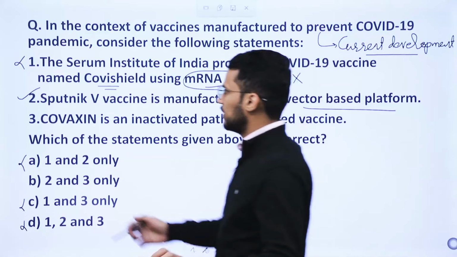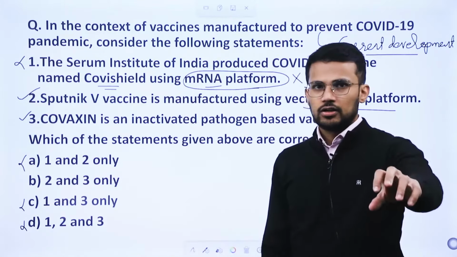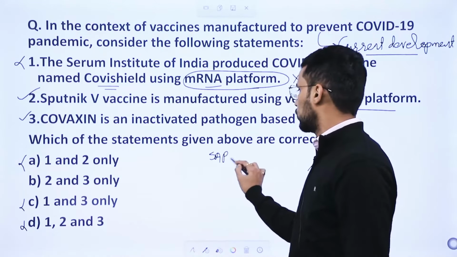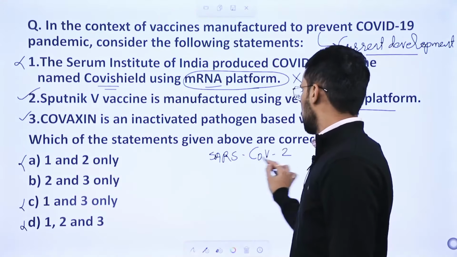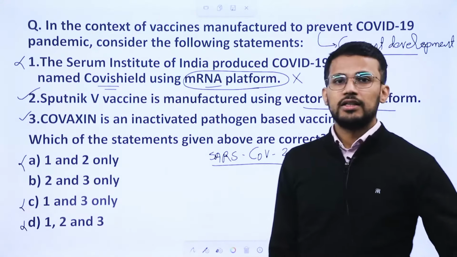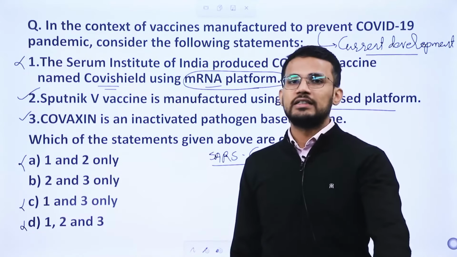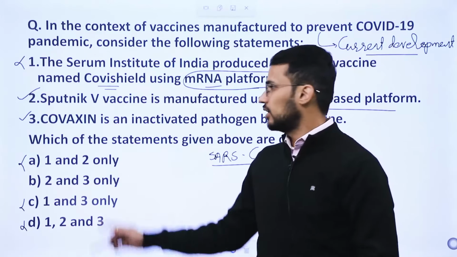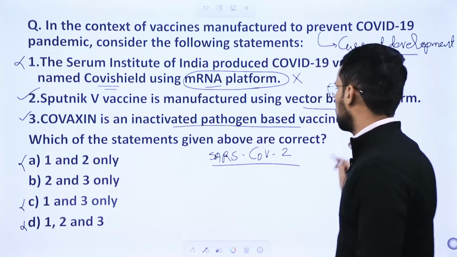So this statement is also correct, because in Covaxin, the COVID-19 virus or SARS-CoV-2 was used for the development of the vaccine. That means the virus that led to COVID-19 disease in its inactivated form was used in Covaxin, and that's why it was an inactivated pathogen based vaccine.